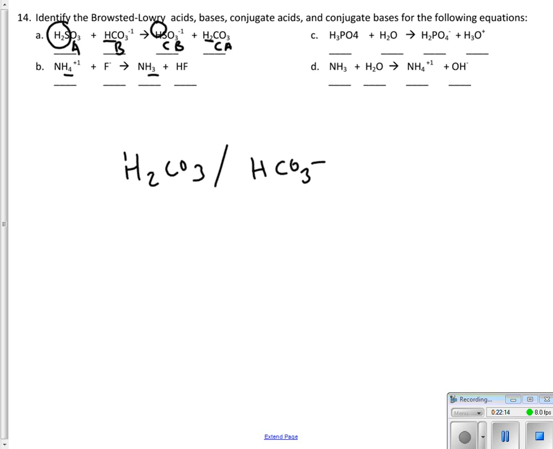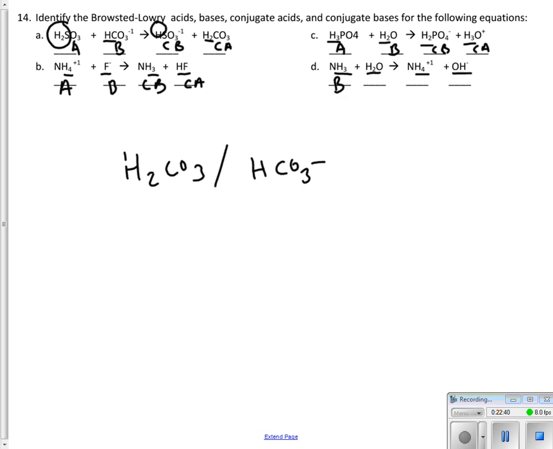So this is conjugate acid, conjugate base. Here I have 3 H's, here I have 2, so that makes that an acid, 2 there, 3 there, base, conjugate acid on the other side, conjugate base. 3 H's there, 4 H's there, that makes that a base, 2 H's there, 1 H there, that makes that an acid, then a conjugate base, conjugate acid.